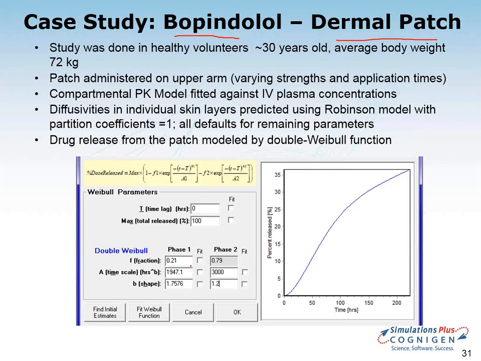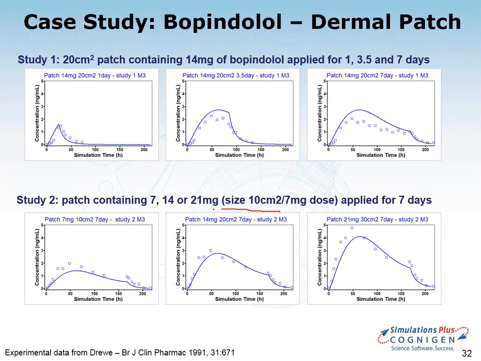So what we've done, we fitted a Weibull function for the release of the drug from this patch formulation against one of these studies, and I believe it was this one, a 7-day study applying a 20 centimeter squared, 14 milligram patch, and used that to predict how the exposure in the systemic circulation would change if the same size of patch was applied for different durations, for 1 day, 3.5 days, or 7 days, or if the patch size was changing. So if we cut it in half, or if we increase the size, how much would it change the exposure. And you can see it translated fairly well for this example.